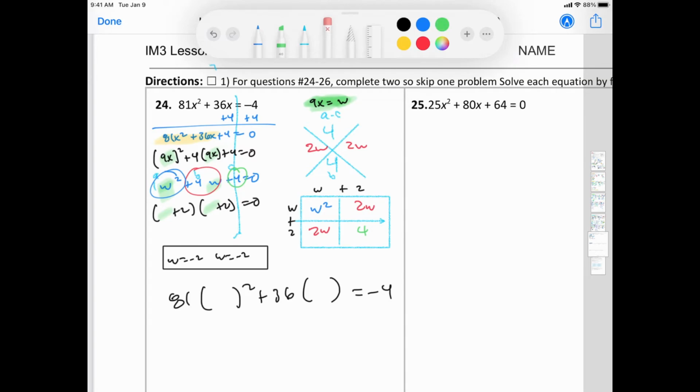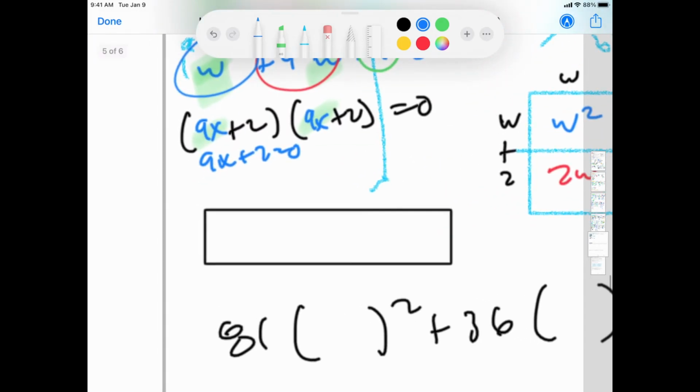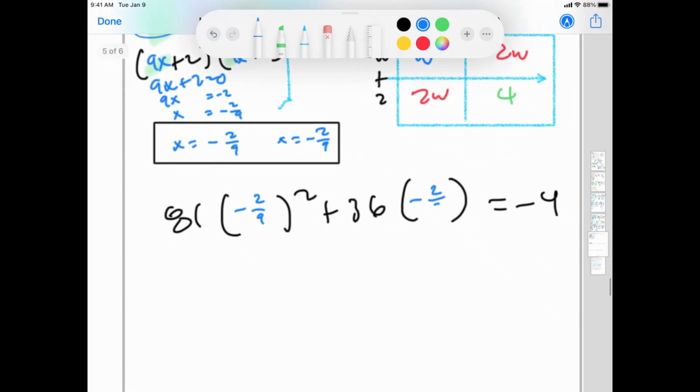Okay, so 9x plus 2 equals 0. 9x equals negative 2. X equals negative 2/9. So negative 2/9. This would be double, right? There's 2 of them.